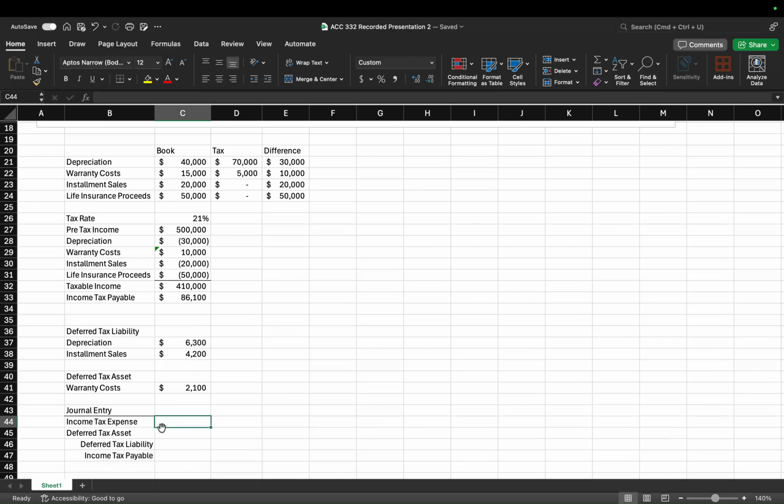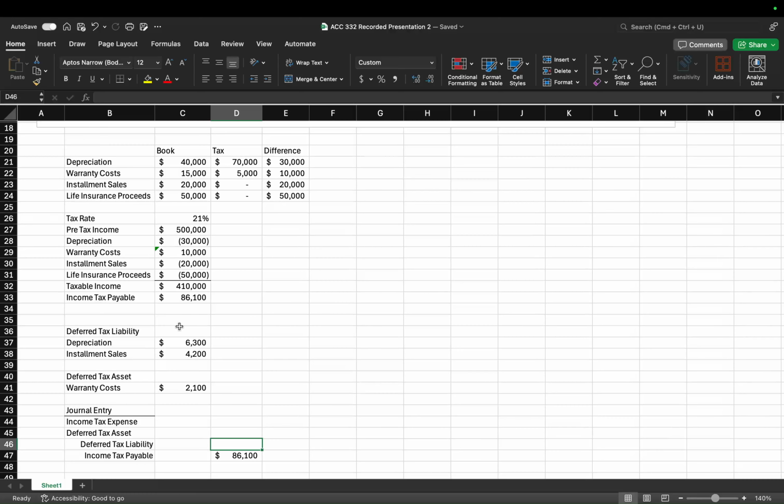So now income tax expense is actually going to be a plug. We calculate this last because we know the company is going to pay $86,100 in taxes. That's set in stone, 100%.